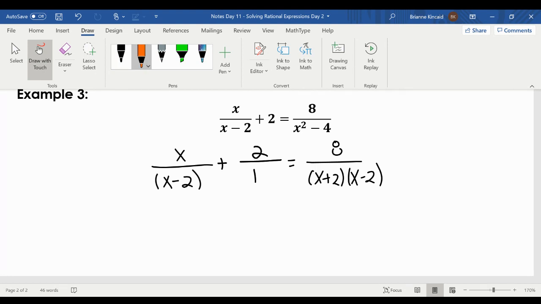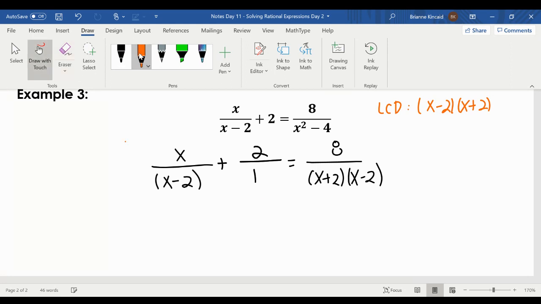Now my LCD has to contain, I start with my quantities first. It has to have an x minus 2. It has to have an x plus 2. The only other thing that you see is this denominator of 1. I don't need to worry about that because 1 times anything is not going to change the value.